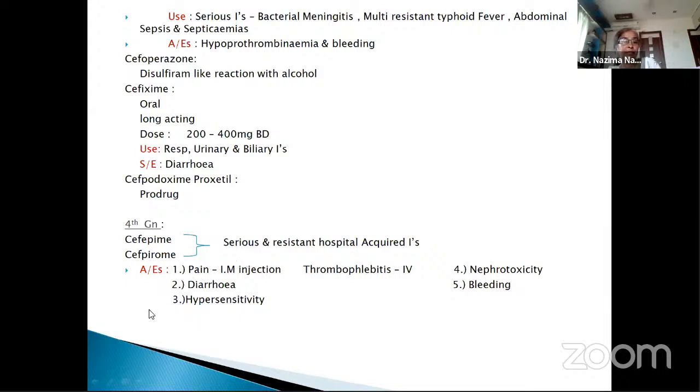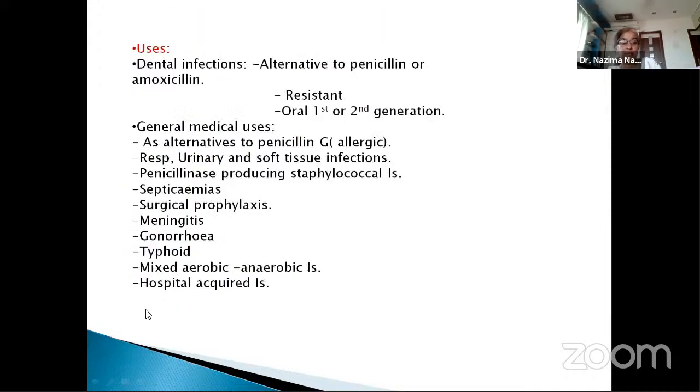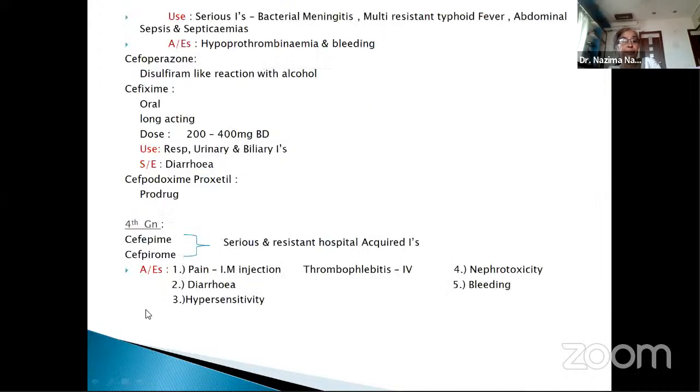Coming to the adverse effects of cephalosporins, there is pain on intramuscular injection with certain drugs. There could be thrombophlebitis on intravenous injection. Diarrhea is common with certain drugs.